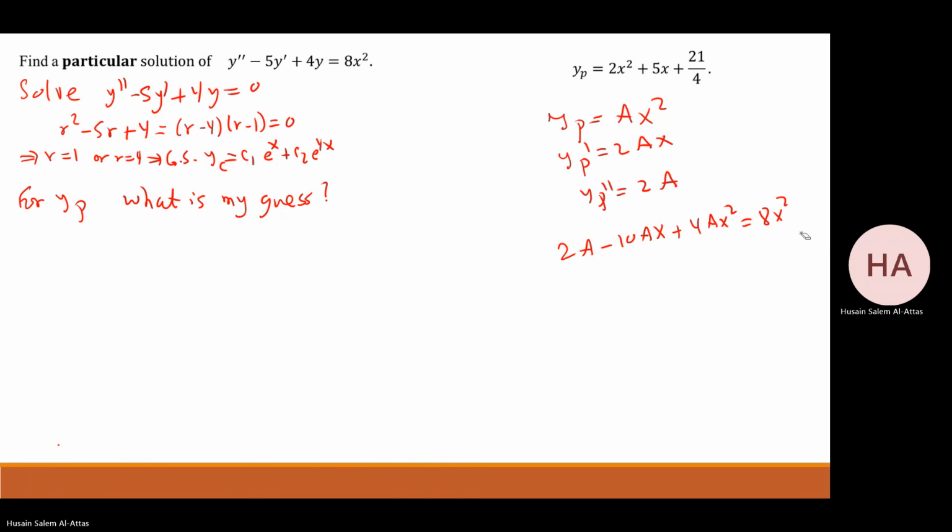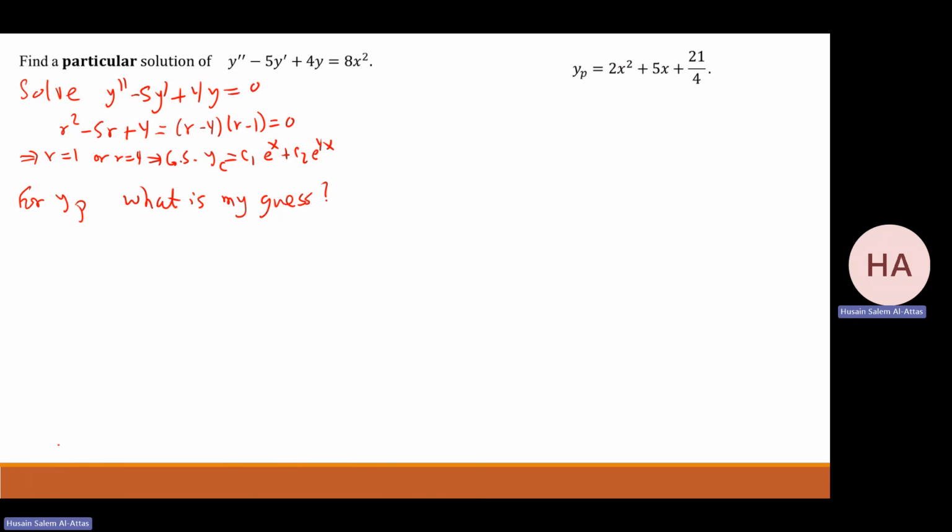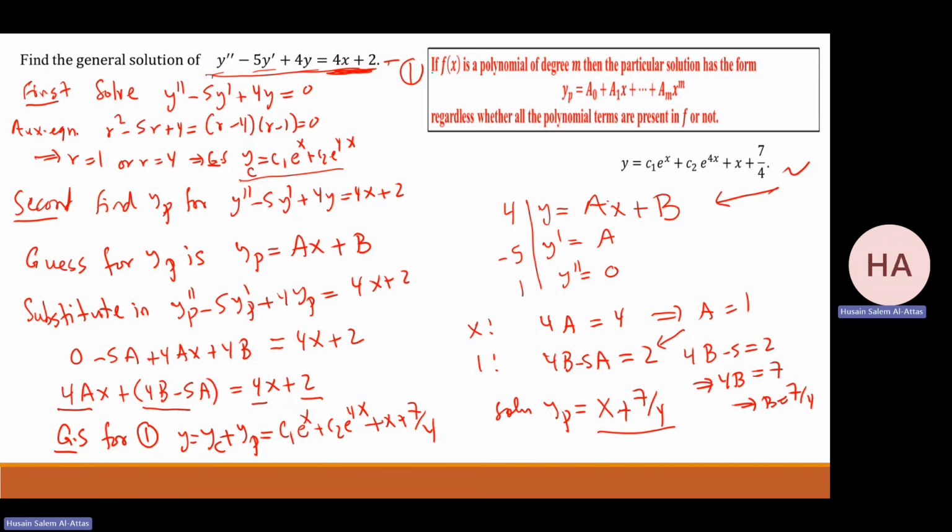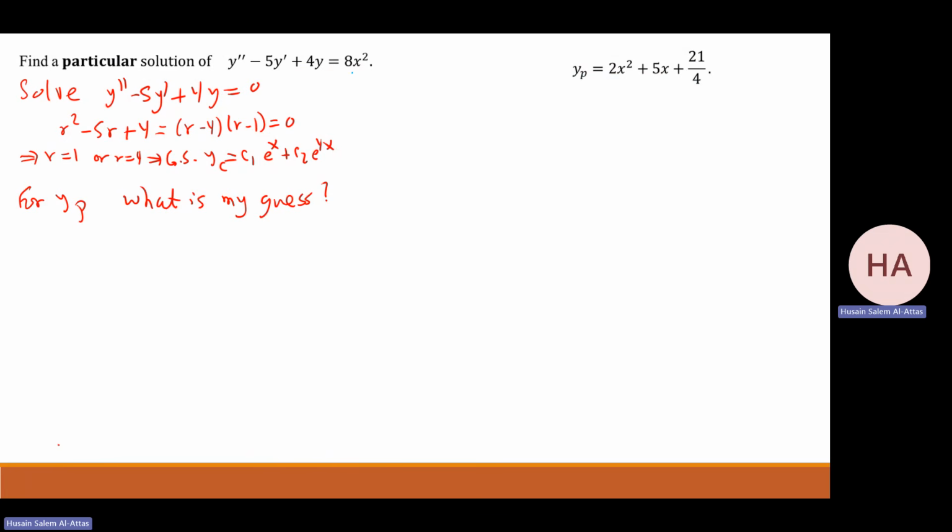Okay. What will be my guess? If you notice here, we said if f of x is a polynomial of degree m, then the particular solution has this form. I start with a0 until I reach the degree m. So here I have x squared.